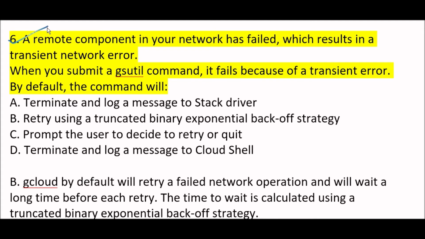By default, the command will: option A, terminate and log a message to Stackdriver. Option B, retry using a truncated binary exponential backoff strategy. Option C, prompt the user to decide to retry or quit. Option D, terminate and log a message to Cloud Shell. Right answer here is option B.